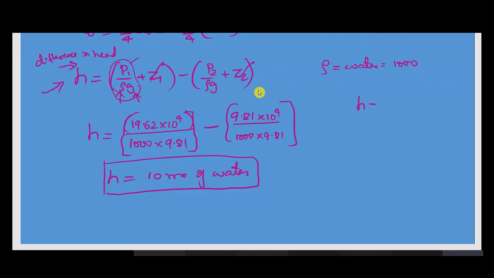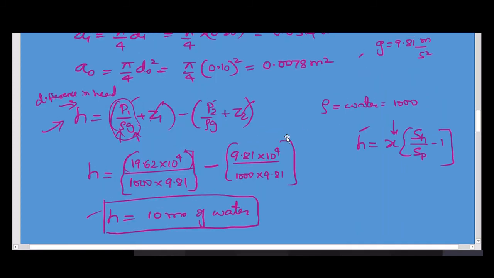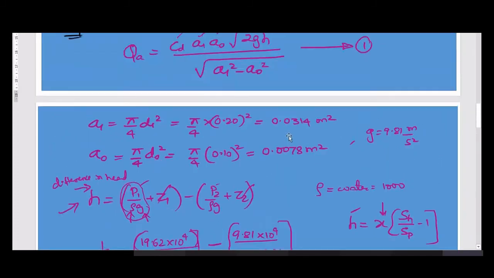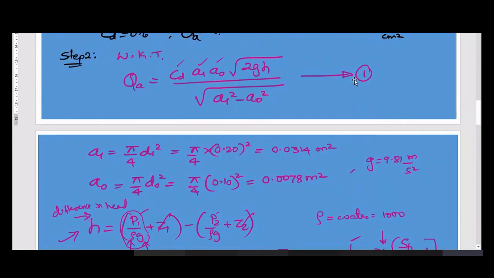In that case, we will use the formula H is equal to X, where X is the difference in mercury level in the manometer, into specific gravity of heavy liquid, that is manometer liquid, divided by specific gravity of the fluid flowing in the pipe, minus 1. This is another formula for calculating H value. But here he has given P1 and P2 both, so we have used this formula. Now all the values we have calculated, so you can substitute in equation number 1.